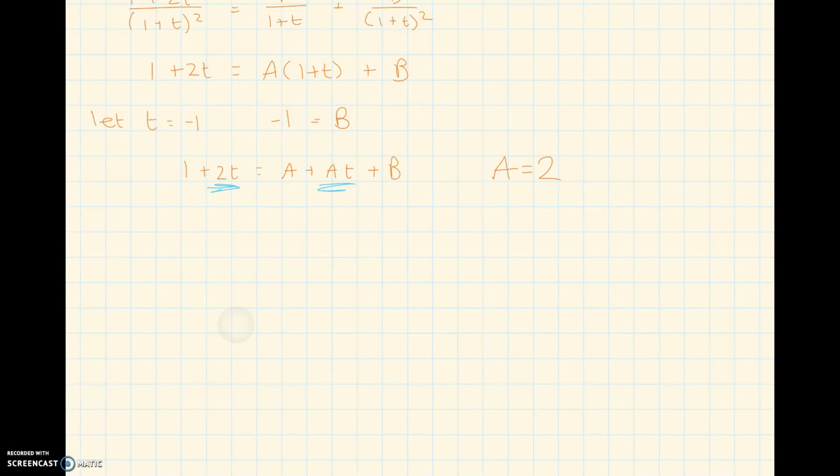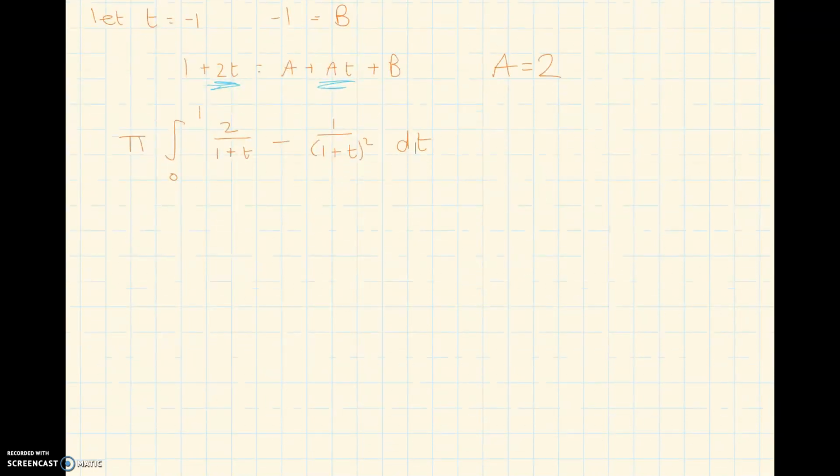The integral of this will become pi times the integral from 0 to 1, and that fraction will come out as 2 over 1 plus t minus 1 over 1 plus t squared dt. And if I integrate that, that's going to become pi. This one's just going to become 2 log 1 plus t.